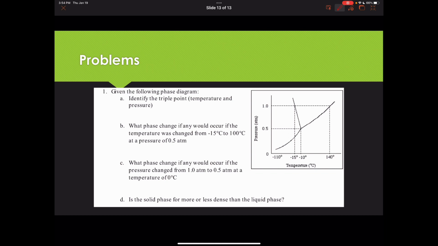So now we're given another phase diagram. We're asked to identify our triple point. So the triple point is going to be a temperature and pressure. That is going to be where those three lines meet. So if we look at this phase diagram, the corresponding pressure is 0.5 atmospheres.